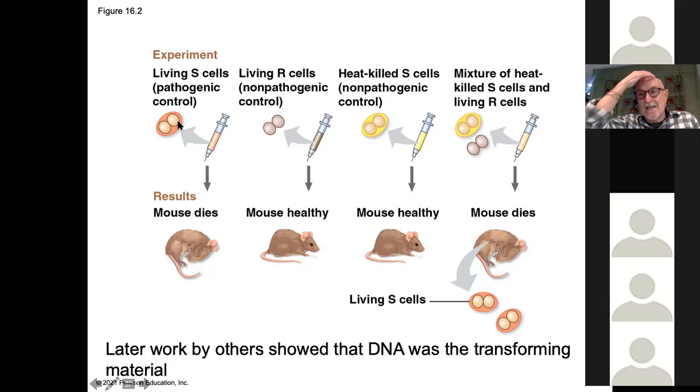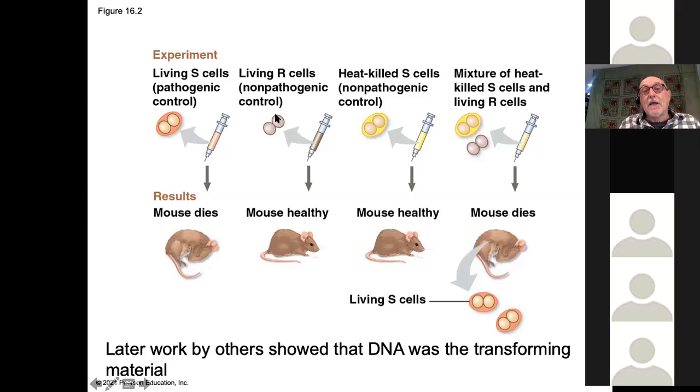The capsule is a sticky, outer covering. You can grow this very easily on an agar plate. And when you grow it, this makes a glistening, smooth colony. So this strain, he called the S strain, or smooth. The S stands for smooth.